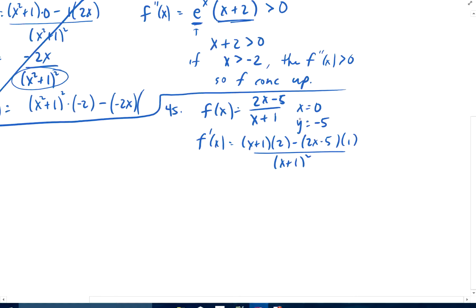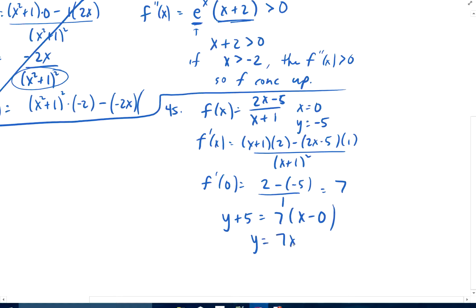And I want that derivative at x equals 0, so I'm going to find f prime of 0. It's going to be 2 minus negative 5 all over 1. So it would be 7. So my equation would be y plus 5 equals 7 times x minus 0, or y equals 7x minus 5.